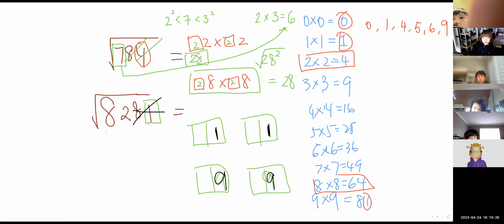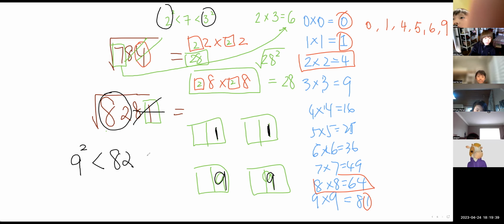So we take away these two. I don't want to talk about it. So 82. 82 is bigger than what? Find the two square numbers yourself. 82 is bigger than 9 squared and smaller than 10 squared. Correct, everybody?